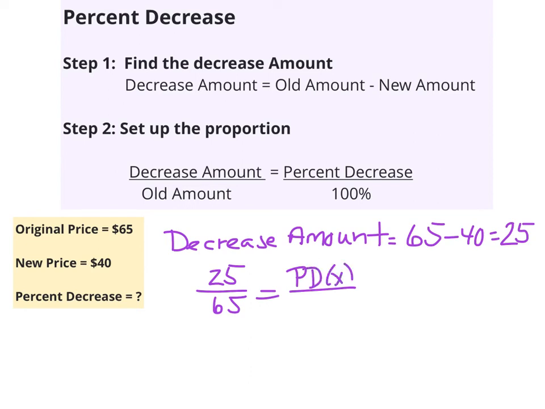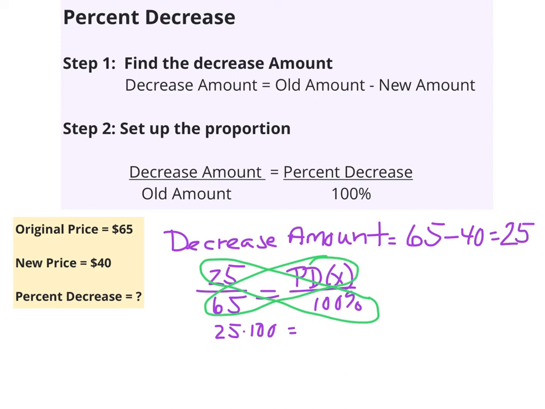Let's make that the variable x, so it'll be a little easier when we multiply, over 100%. And again, we solve our proportion by cross-multiplying. 25 times 100 on one side of our equation is equal to 65 times x on the other side.